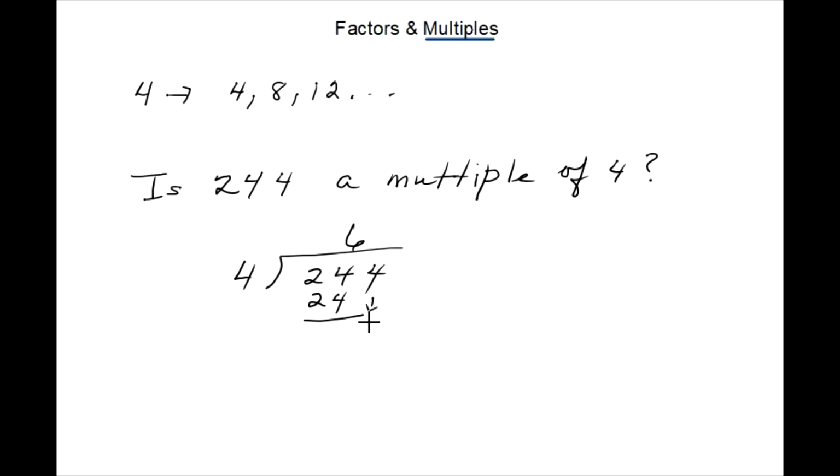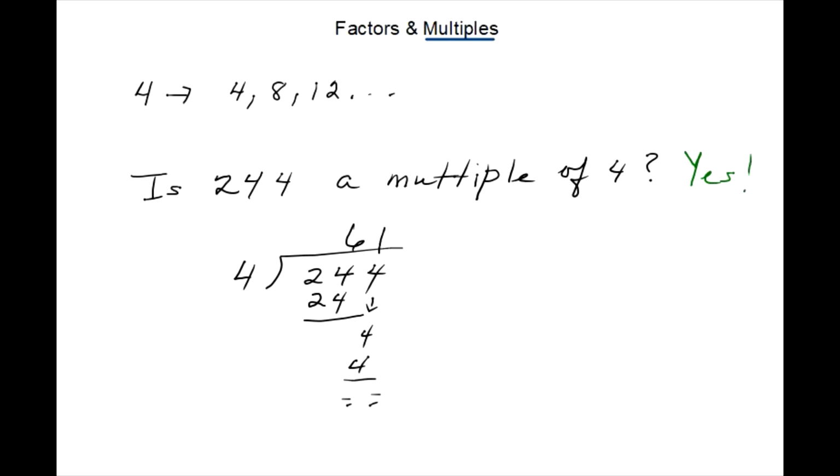Then we bring down the 4. 4 into 4 is 1. 1 times 4 is 4. And look, there's no remainder. Therefore, 244 is divisible by 4, which means there's no remainder. This also then means that, yeah, 244 is a multiple of 4. Okay?